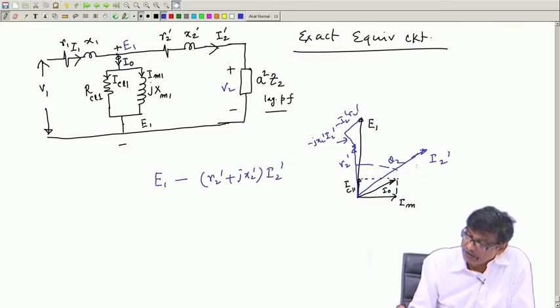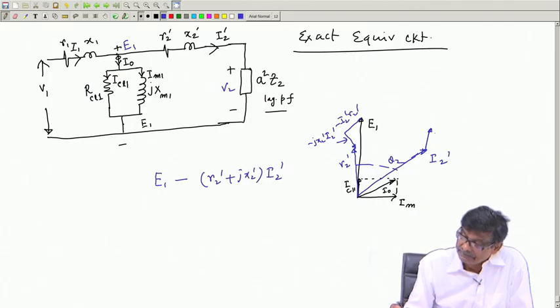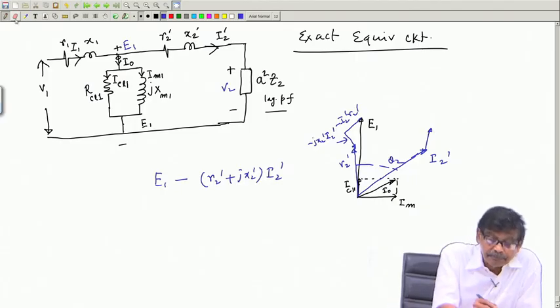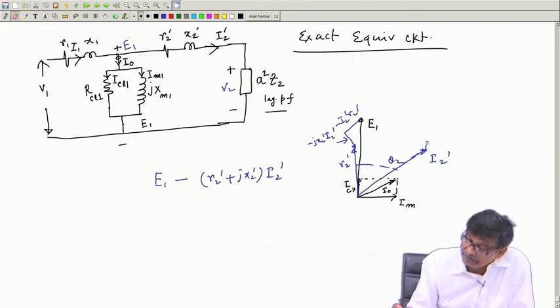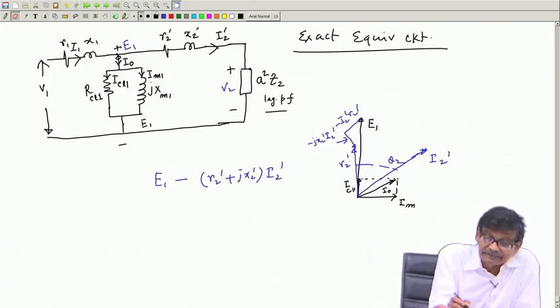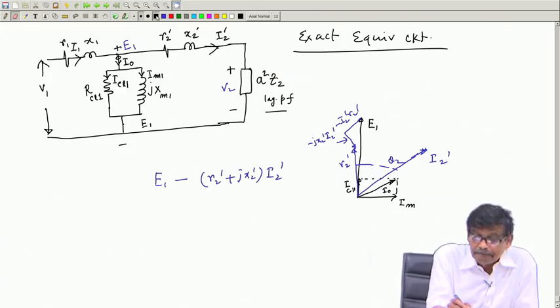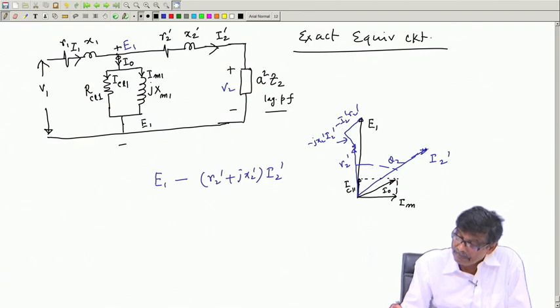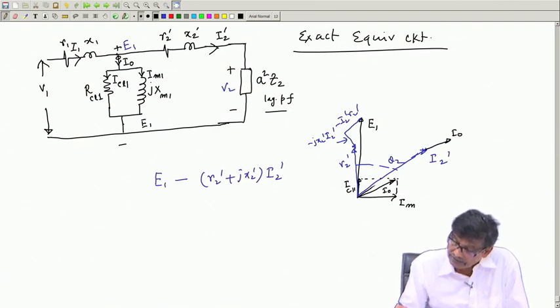Then I naught plus I2 dashed will give you I1.